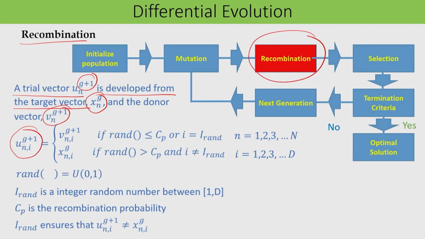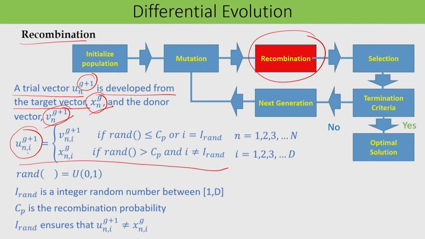So, just see, whatever new vector we are getting is a combination, that means some variables are from the target vector and some variables from the donor vector. So, we can use this particular process.